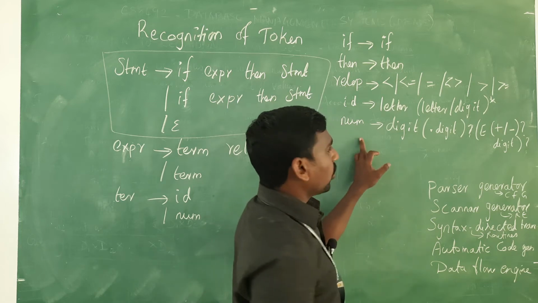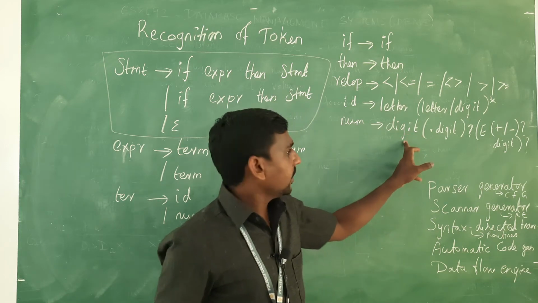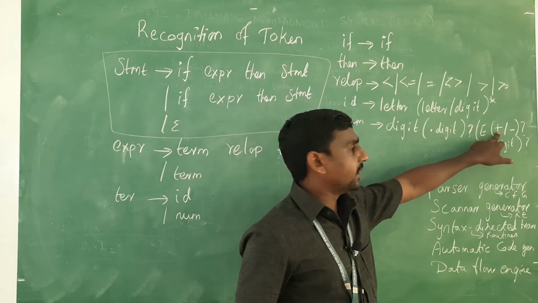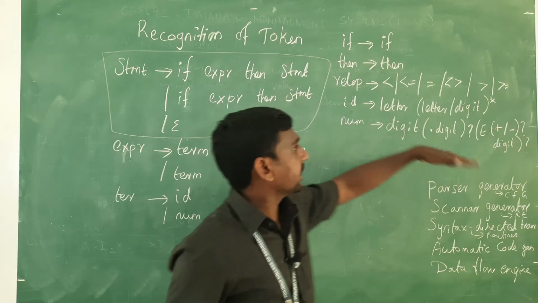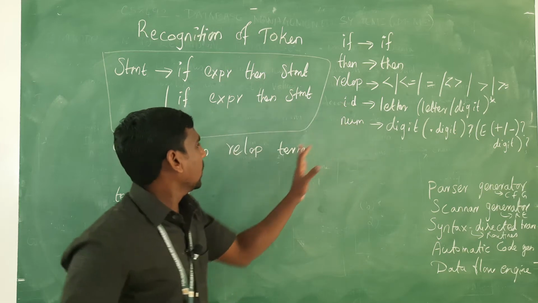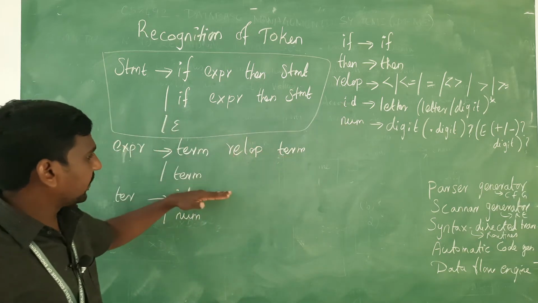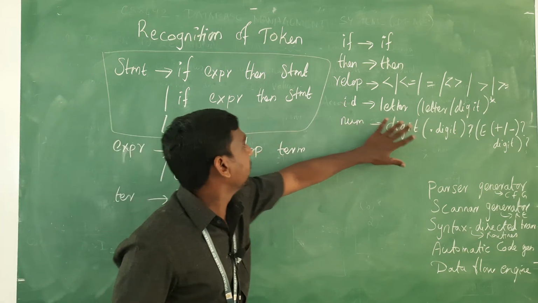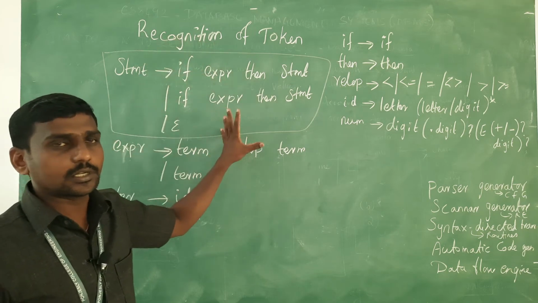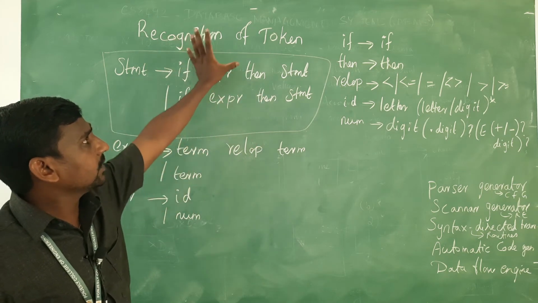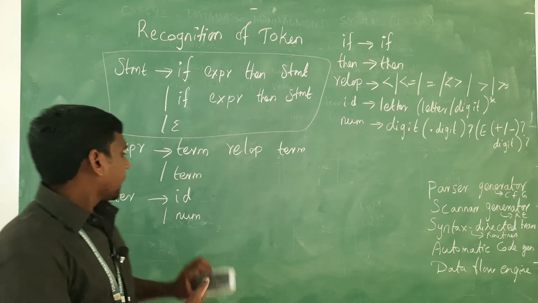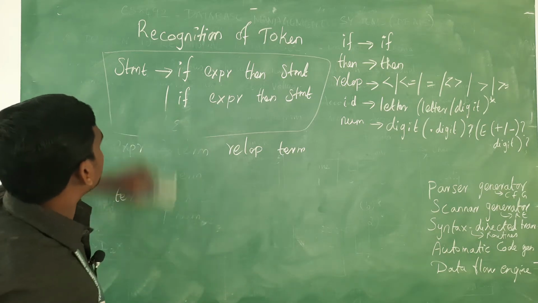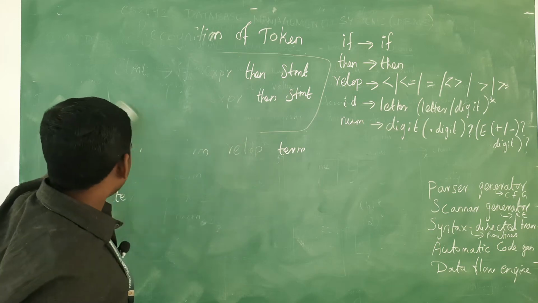And a number is a combination of digits as well as terminals like plus or slash, with a question mark, etc. These are the terminals and keywords related to this expression. By using these only, the tokens are recognized by the compiler. Clear?